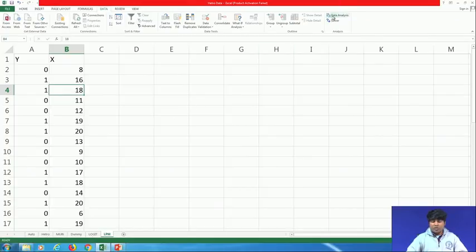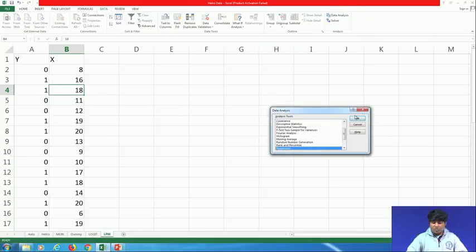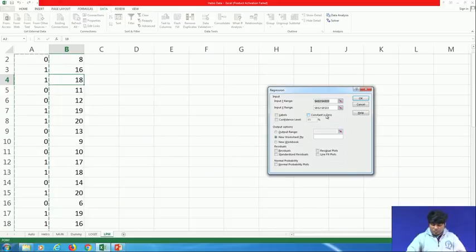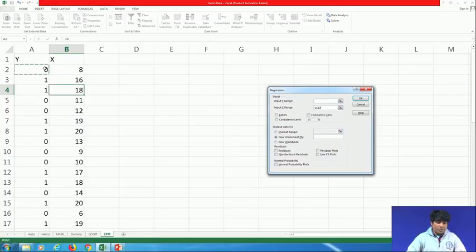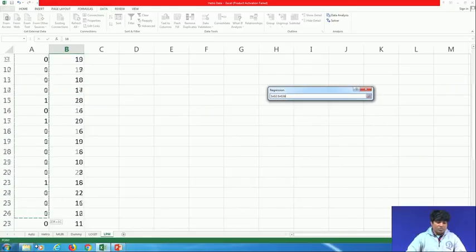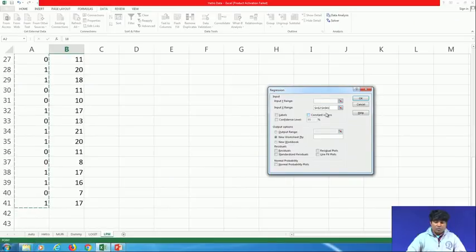Then you go to the data analysis package and choose regression. Here you remove or clean the early entry, and then you first give the dependent variable as input, followed by the independent variable.